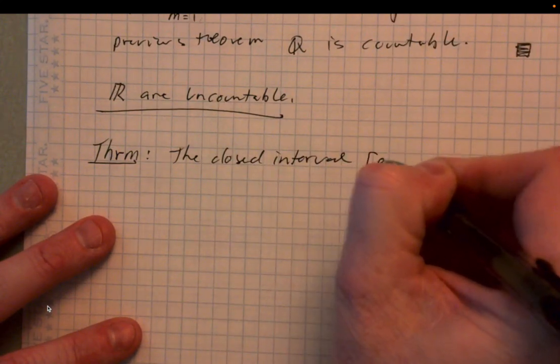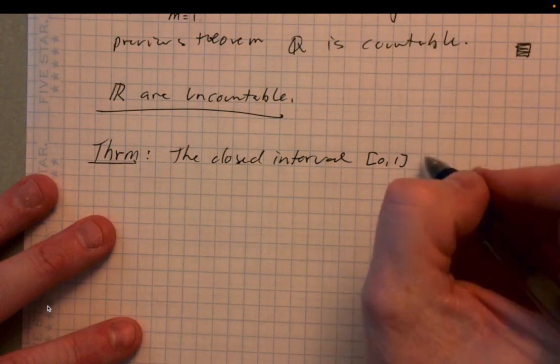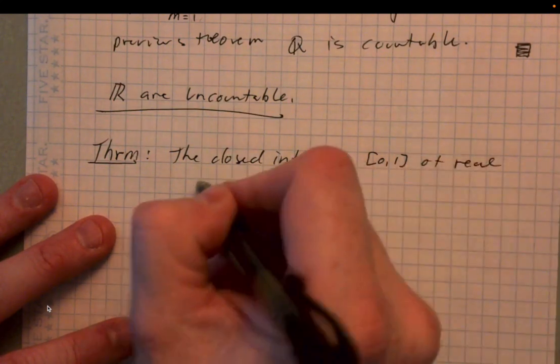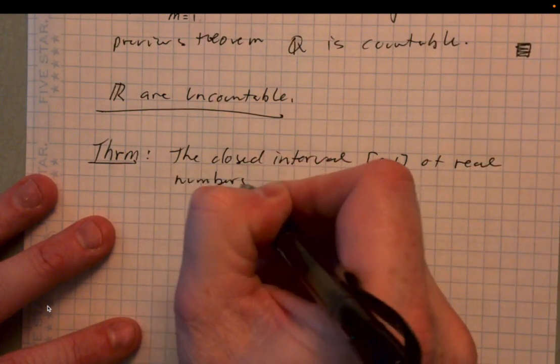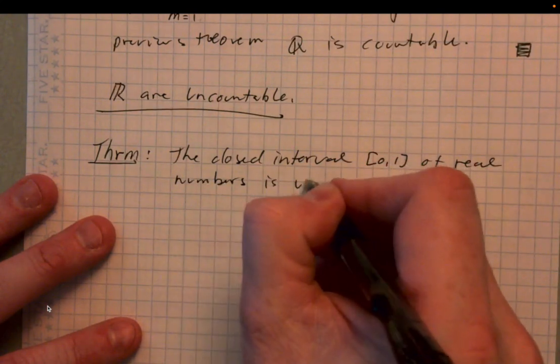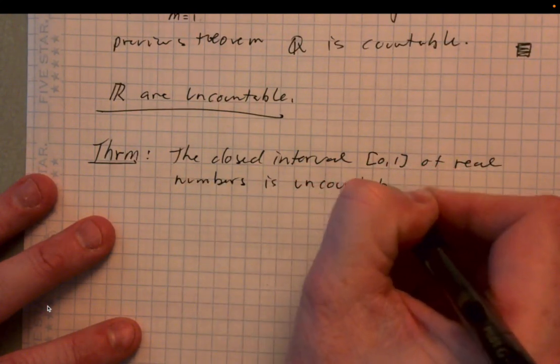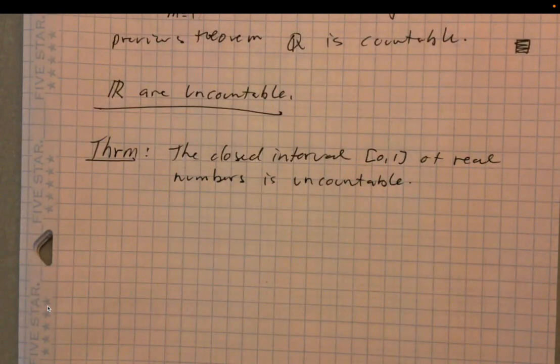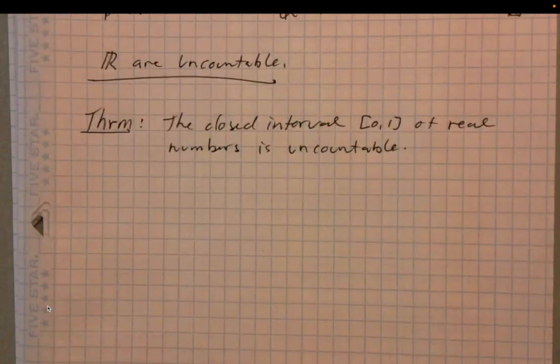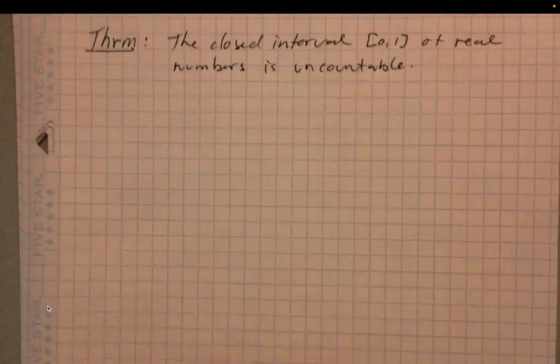The closed interval 0 to 1 of real numbers is uncountable, right? So meaning it's infinite and not countable. There are more of them than there are natural numbers. Okay, so that's the theorem.